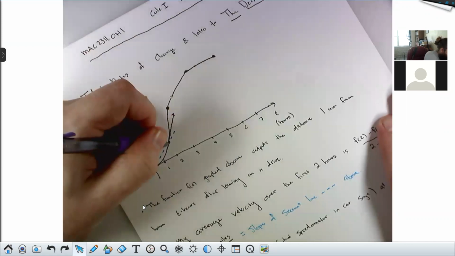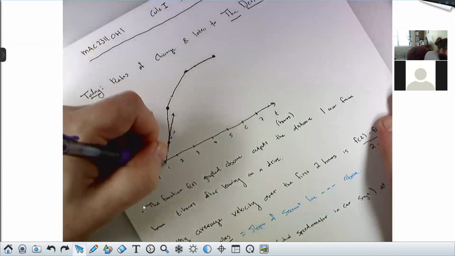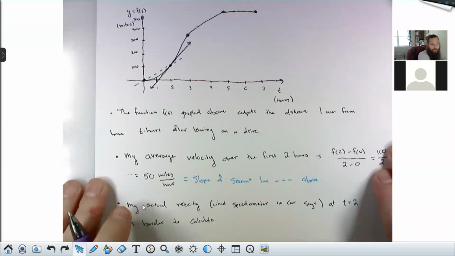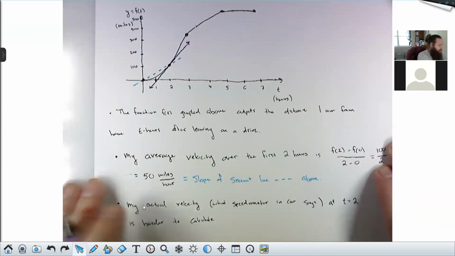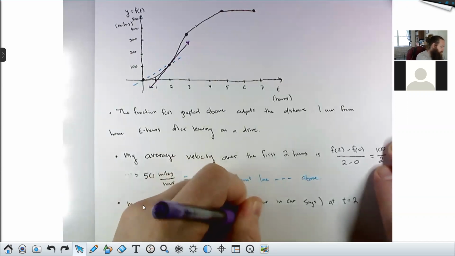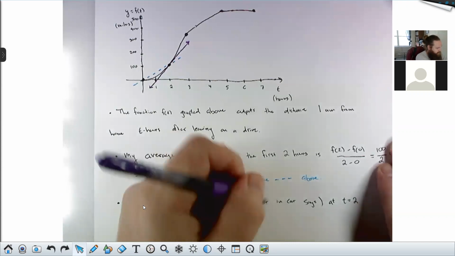It would be the slope of this purple line here, which is called a tangent line.